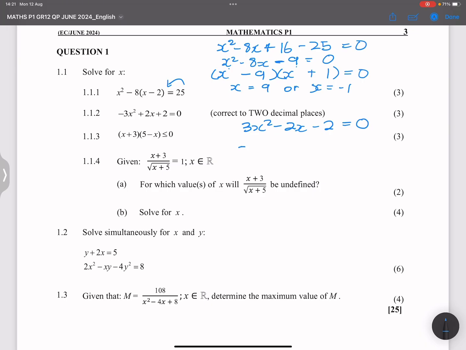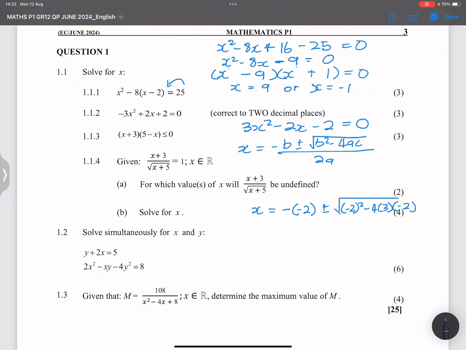Now let's use our standard quadratic formula. So that's minus b plus minus the square root of b squared minus 4ac, and this is divided by 2a. Of course, we can substitute. So this is minus a negative 2 plus minus the square root of b squared, which is negative 2 squared, minus 4 times our a value, which is positive 3, and our c value, which is negative 2.